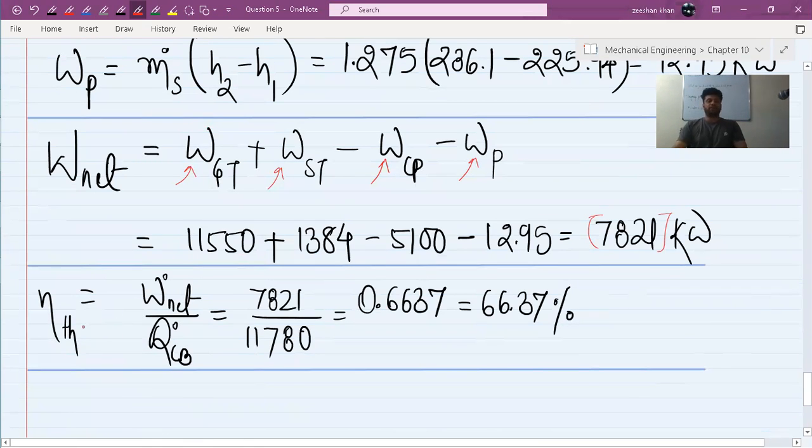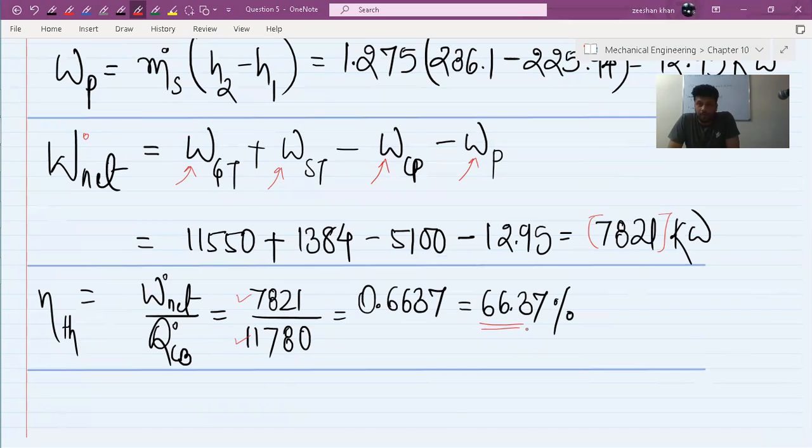Now that gets us to the value of thermal efficiency, which is the net work done divided by the amount of heat supplied, which we have already calculated above, and that gives us an efficiency of 66.37%, very very high as compared to the values that we calculated earlier in the case of Rankine cycles or regenerative cycles, which was usually around 44%.